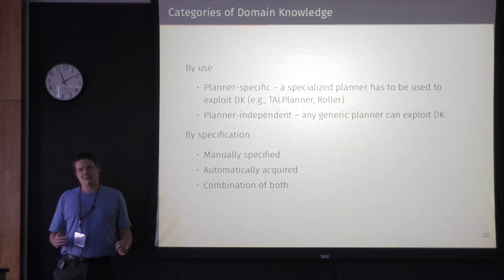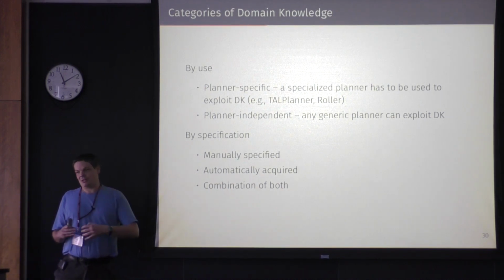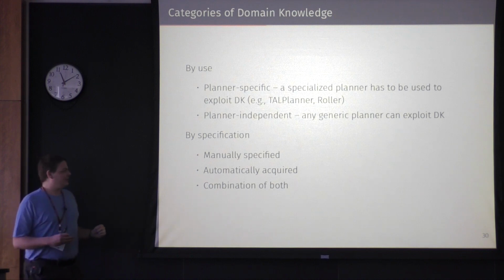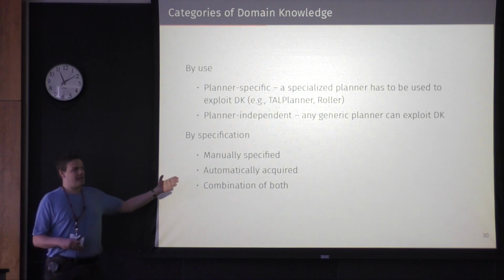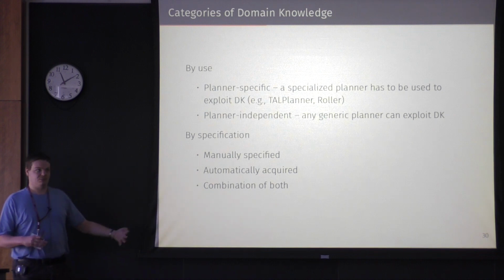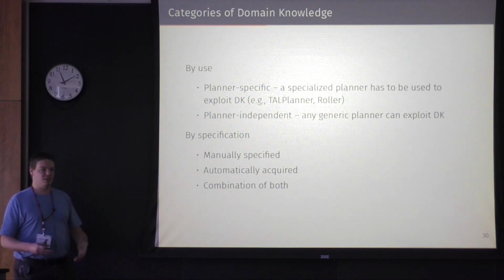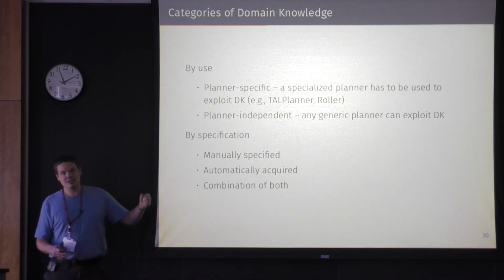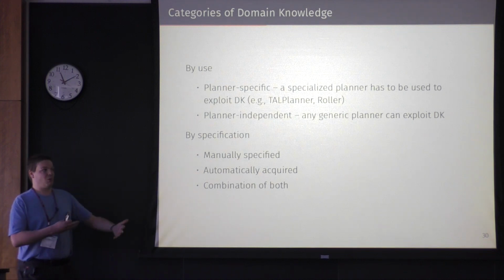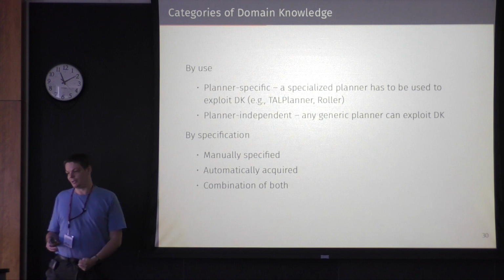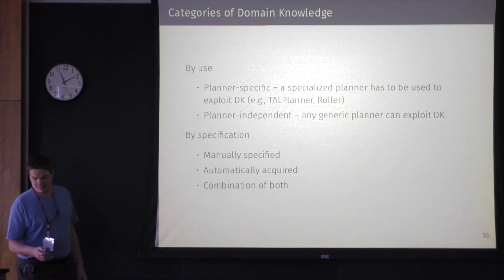On the other hand, if the domain expert doesn't know that much about how plans should look, there are some techniques that can generate or learn domain knowledge automatically. For instance, we might have some simple problems in a domain, we generate some plans and then we may examine the plans to show that there are some properties that we can exploit. Or also we might do a combination of both.